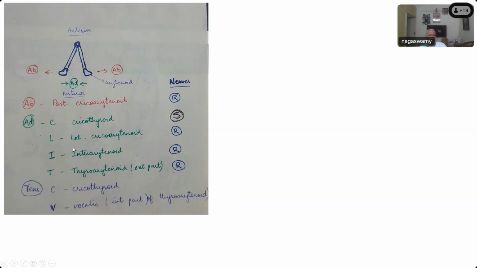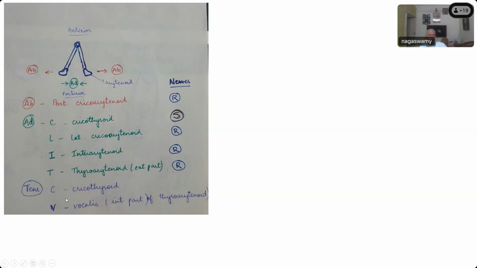So all these four muscles are there. So you can imagine, if there is even a small injury to the abductor, the adductors will become more forceful and they will bring the vocal cords towards the midline to cause a complete obstruction. That is the reason why abductor palsy is very dangerous, because the adductors will be spared and they will cause complete obstruction.